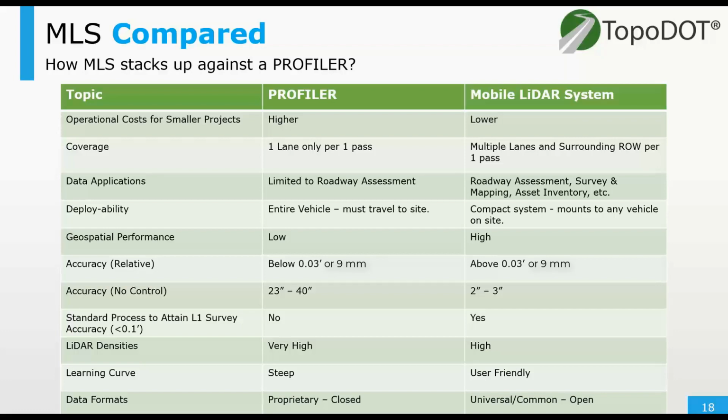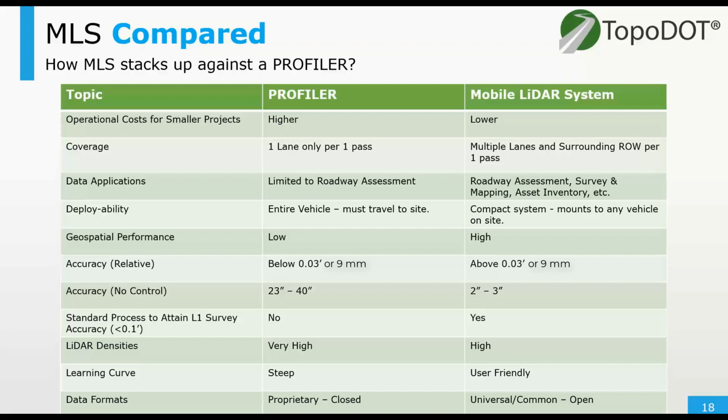Accuracies with no control, so this hits the geospatial part again. The profilers are usually not as accurate. You're seeing 23 to 40 inches of absolute accuracy with no control, where with a mobile you can get it pretty tight with just using the system itself with no control.